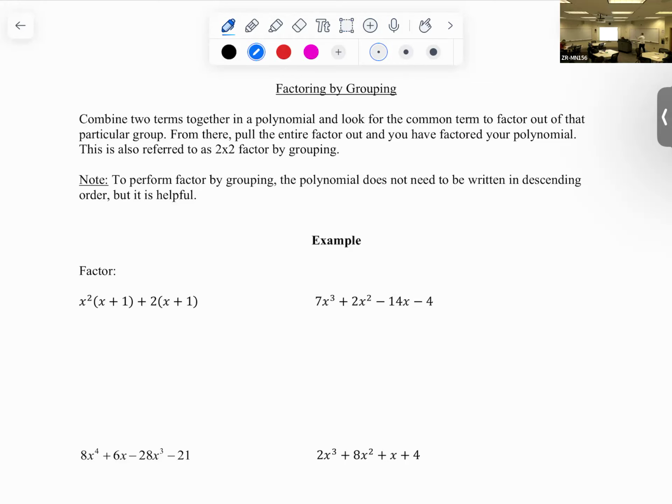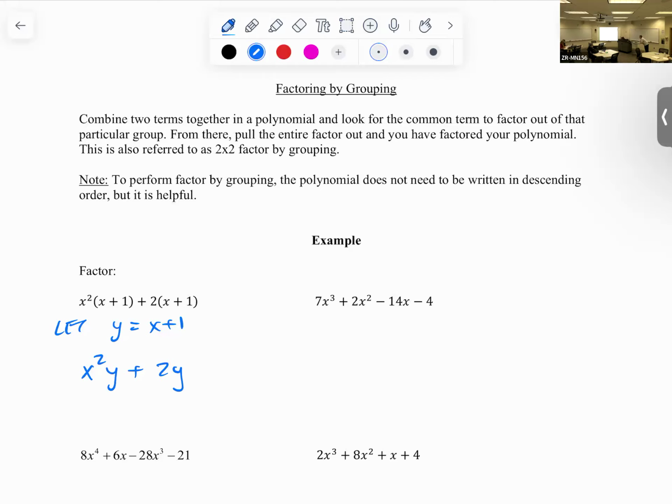On this first piece, notice that within the parentheses I have x plus 1 in both pieces. The other way to view this is let y equal x plus 1. And notice what this becomes: x squared y plus 2y.